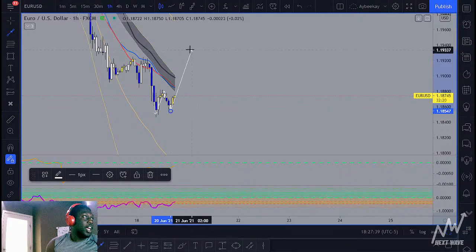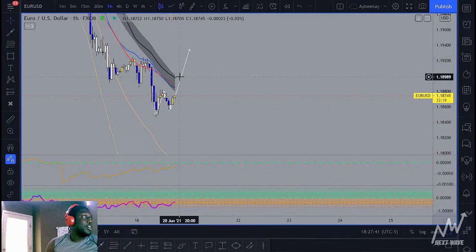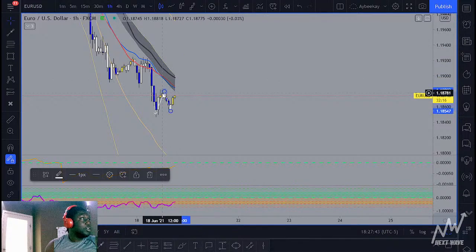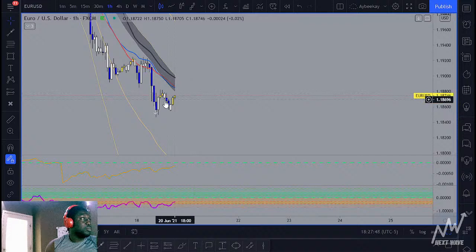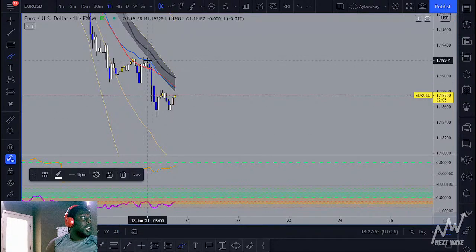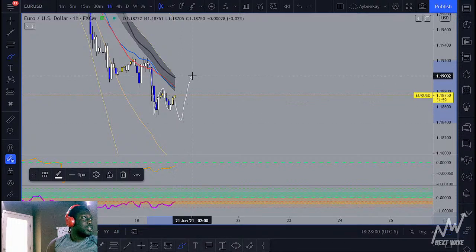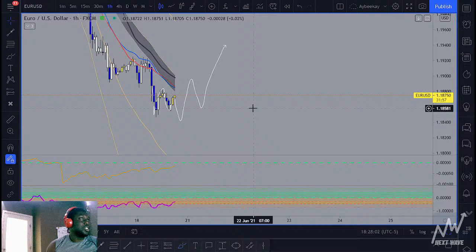But what I would rather wait for, and this is Peyton's move as well, is that price is going to make a double top, stop right here, end up dropping a little bit more, breaking out to the upside, retesting the continuations. So that's what I'm kind of looking for to happen.